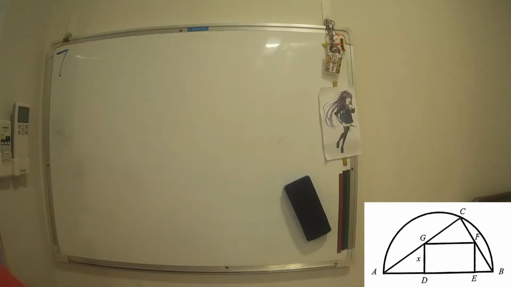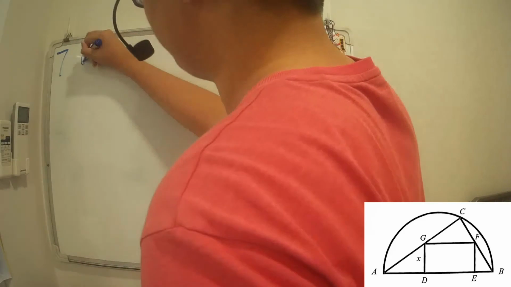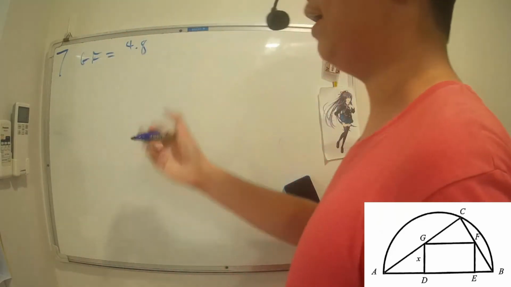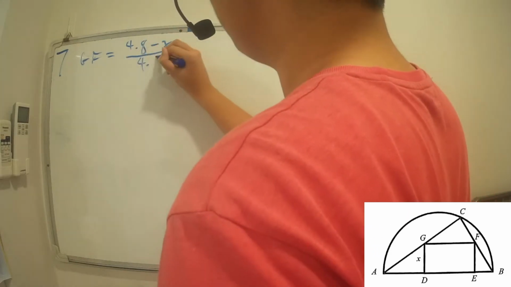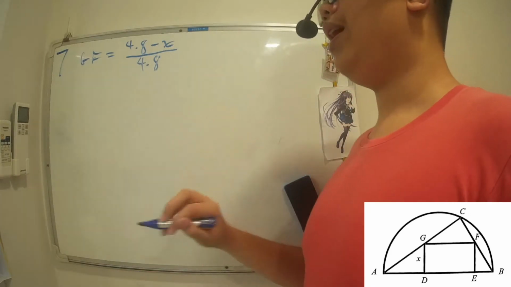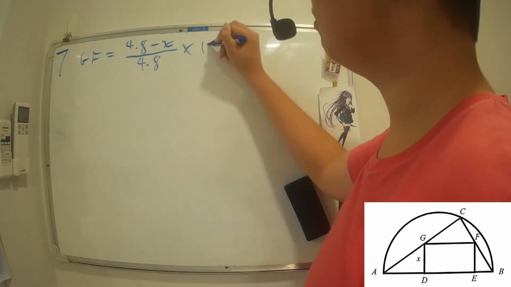So let's do this. We can find GF like this. GF is equal to 4.8, because that's the perpendicular height, minus x, which is FE, all over 4.8, so that we have a ratio, and this ratio will be the same ratio as GF to AB. So I will times 10, because that's the length of AB.